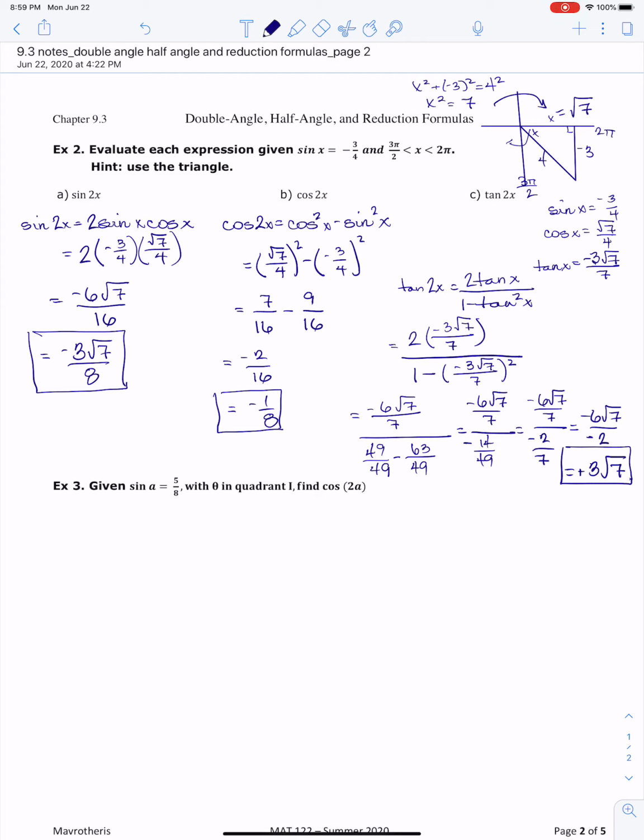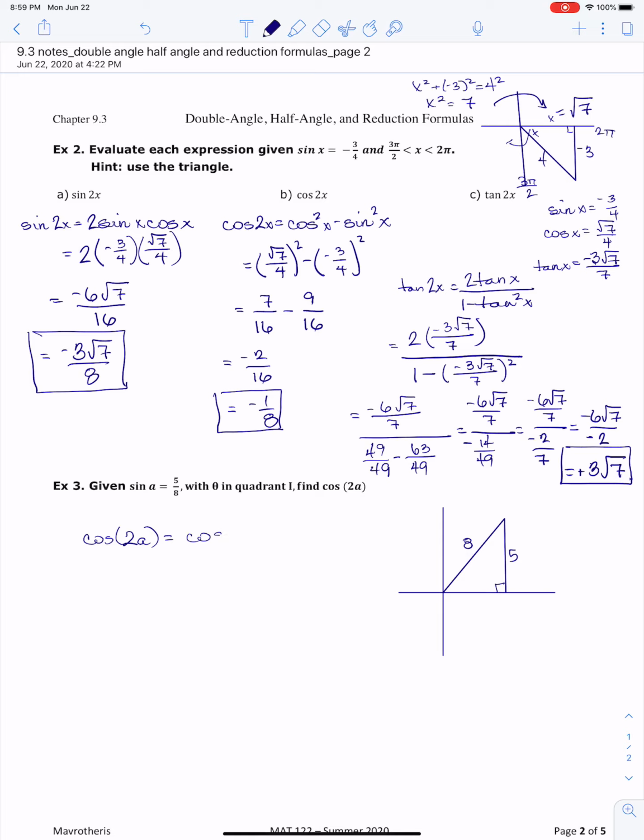Okay, exercise 3. Sine of alpha equals 5/8. Theta is in quadrant 1. So I'm going to draw my picture here. Five over 8. And then realizing here, if I want cosine of 2a, let's think for a minute.